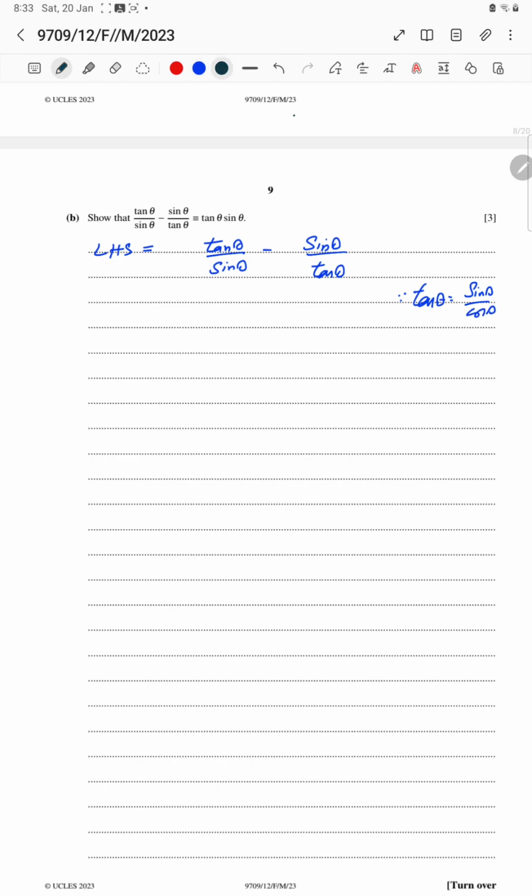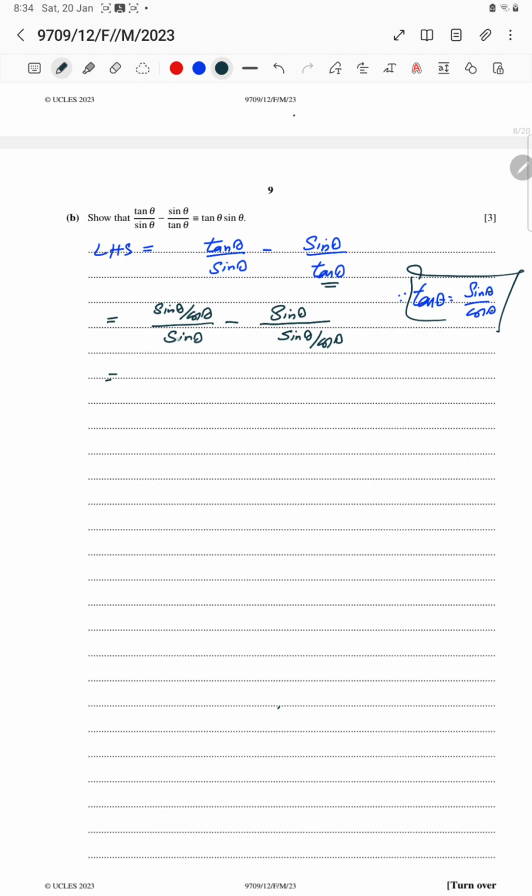So we will switch it here. The numerator becomes sine theta over cos theta, divided by sine theta. I just changed tan theta by using this identity.